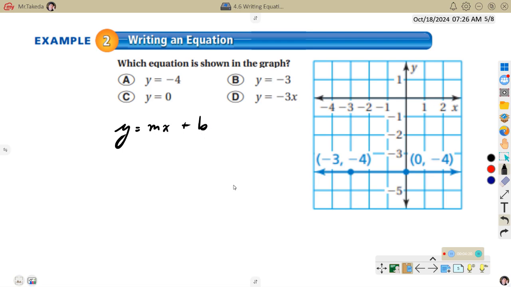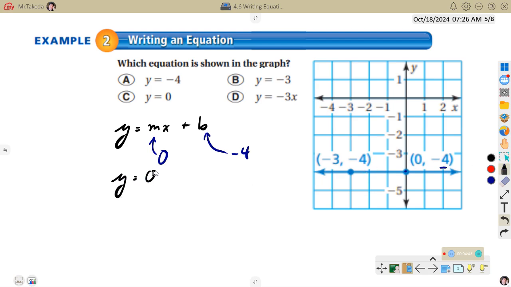You might say to yourself, well, what is our slope here? Horizontal lines have a slope of 0, if you remember that. Our y-intercept is -4. All right, so let's plug those in and simplify.